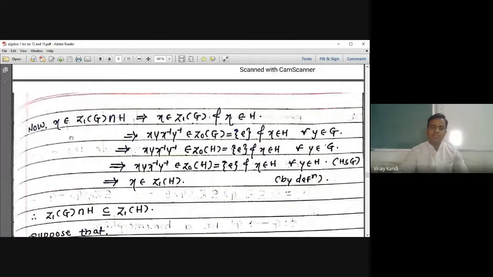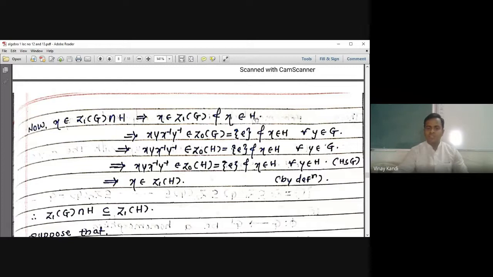That's why we have taken any element from this group Z1 of G intersection H. Since the element is in the intersection, it implies x belongs to Z1 of G and x also belongs to H.